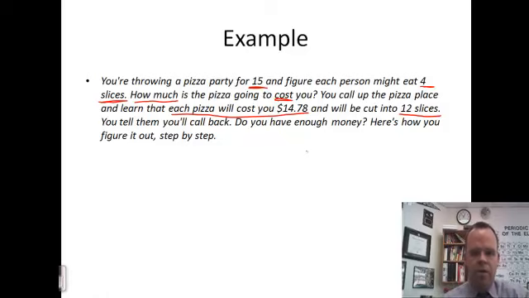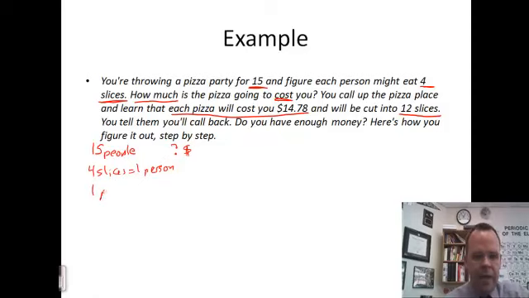So I'm going to list out all of this important data. I know I need 15 people. I know that I'm going to have 4 slices for every one person. That's going to be one conversion factor. I'm looking for how many dollars this is going to cost.